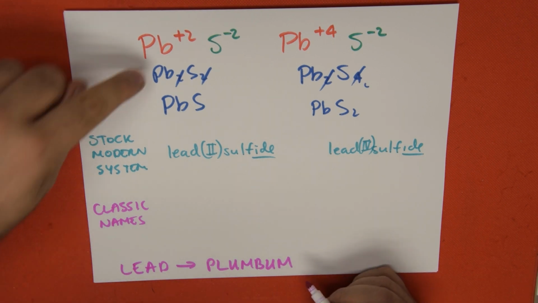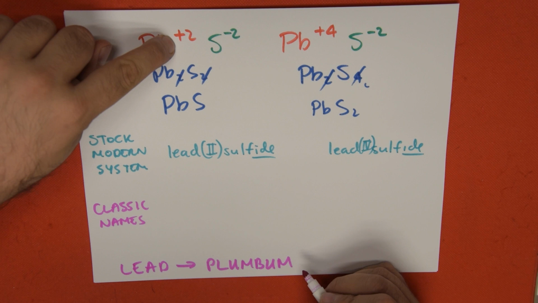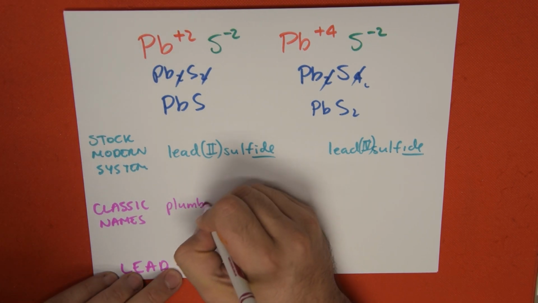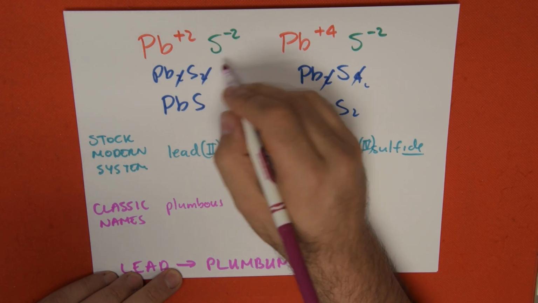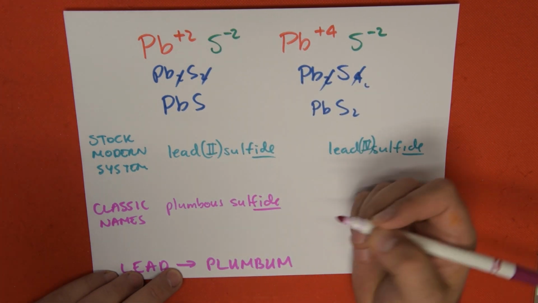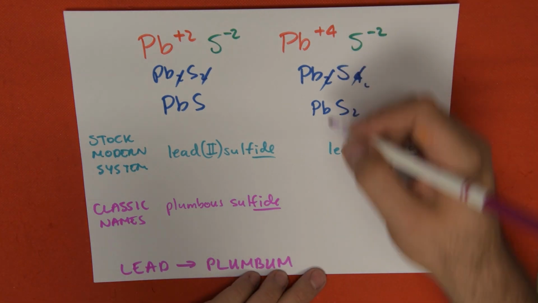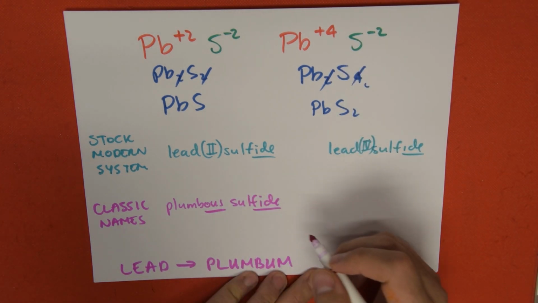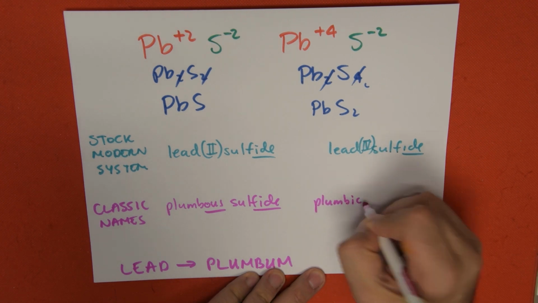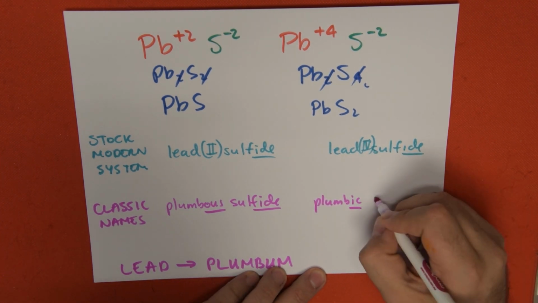So remember, lower valence turns into ending us. So this is going to be plumbous. And the anion did not change, so this is still plumbous sulfide. And on the other hand, for the higher valence, we turn it into ic. So it's going to be plumbic sulfide.